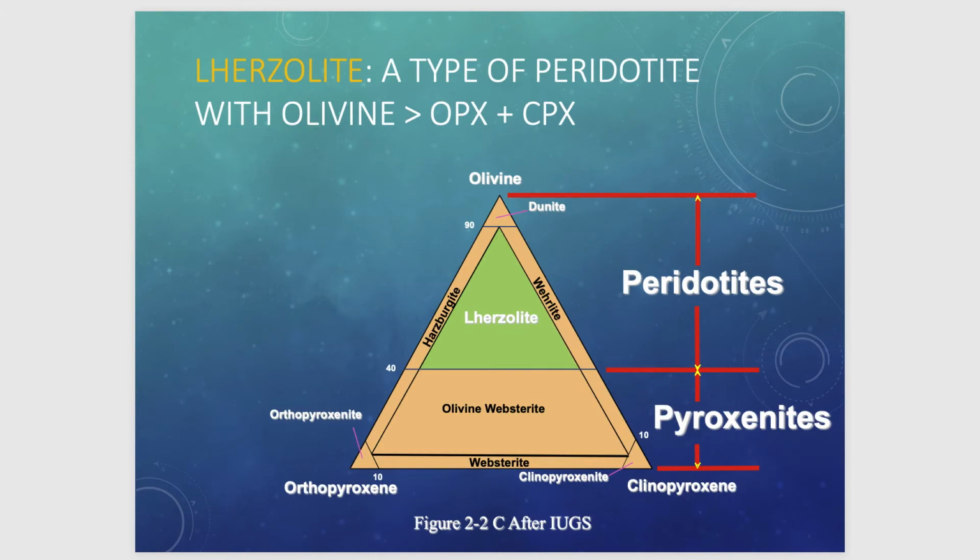Lherzolites are a type of peridotite, which in essence can be represented in this ternary diagram. So if we have olivine at the top, orthopyroxene and clinopyroxene, you can sort of see the different rocks we mentioned in these diagrams.